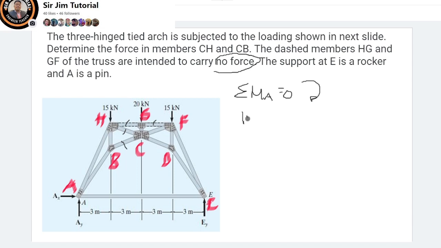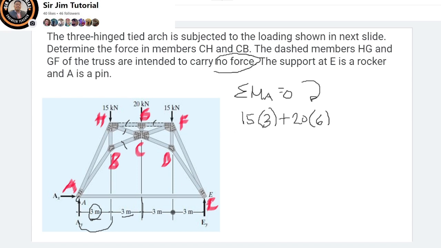You have 15 kilonewton times this goes here at A, so this is multiplied by 3, and then next is 20. The distance from here going here is 3 and 3, so this is 6.